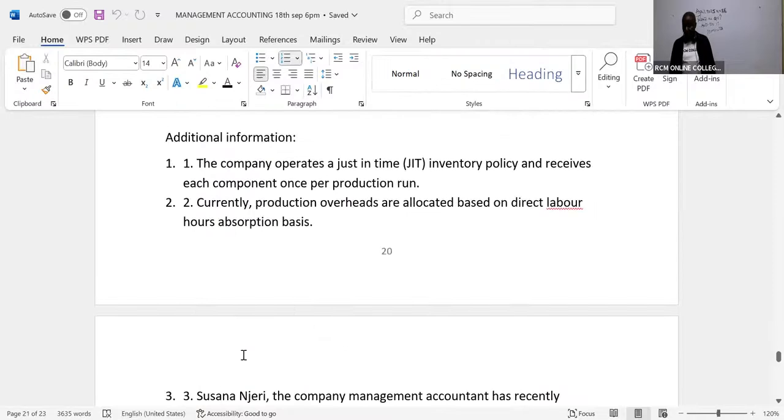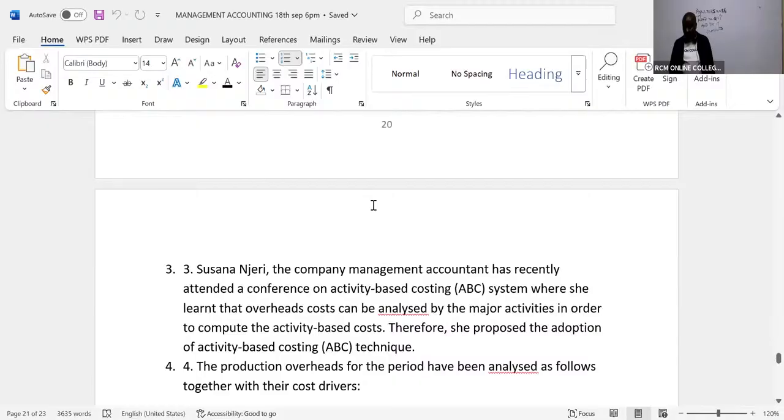Additional information. 1, the company operates a just-in-time inventory policy and receives each component once per production run. 2, currently production overheads are allocated based on direct labor hour absorption basis. 3, Susan, the company management accountant, has recently attended a conference on ABC, activity-based costing system, where she has learned that overheads can be analyzed by the major activities in order to compute the activity-based costing.